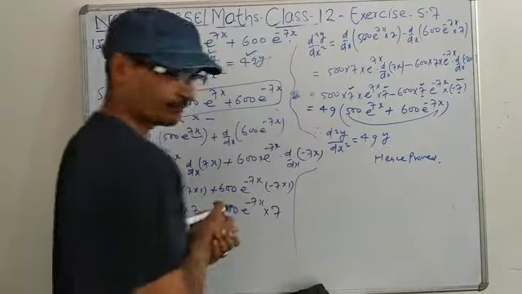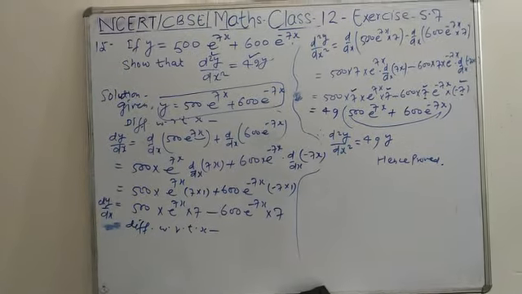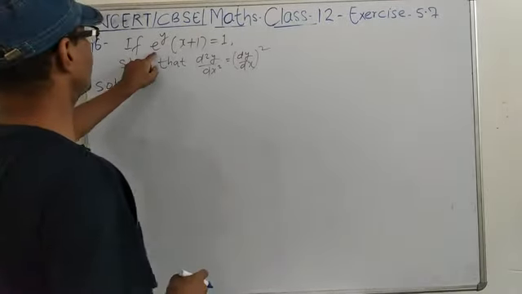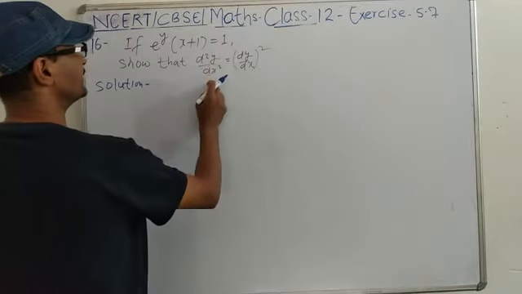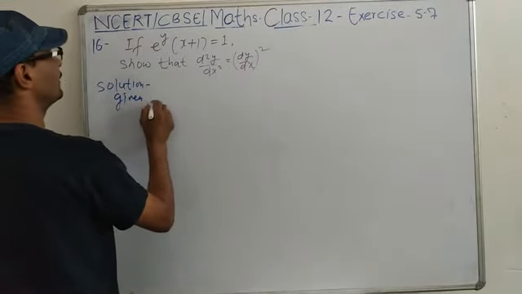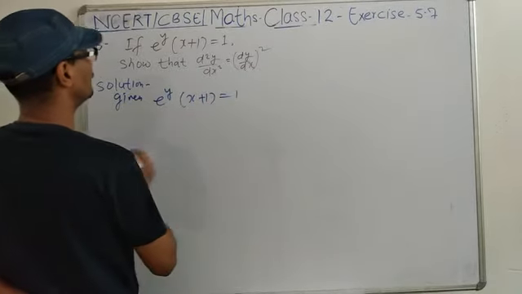So it was the solution of question number 15. Number 16 is, if e to the power y into x plus 1 is equal to 1, so that d2y by dx square is equal to dy by dx whole square. So here given e to the power y into x plus 1 is equal to 1.